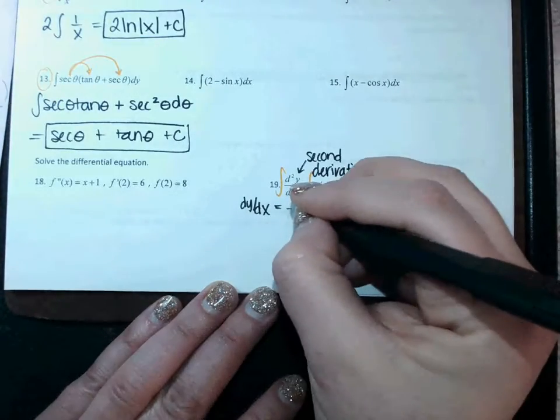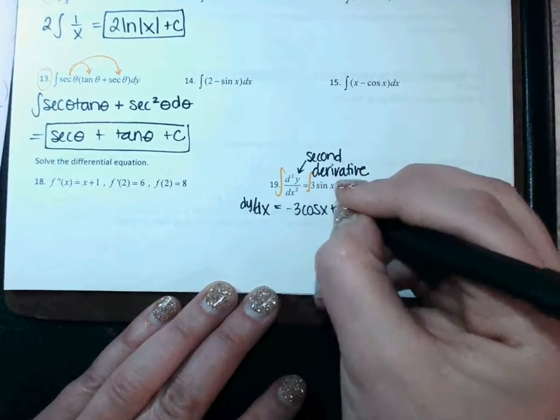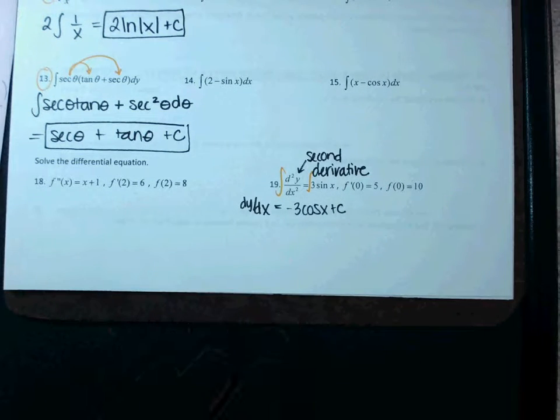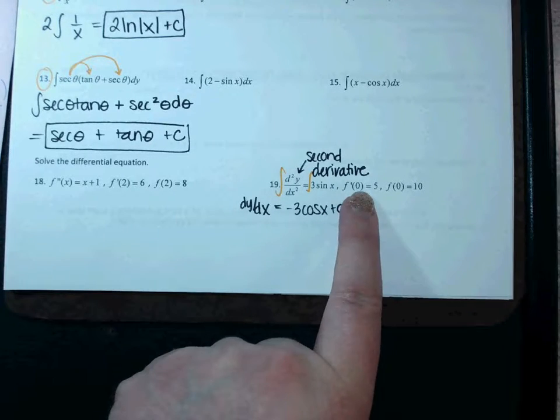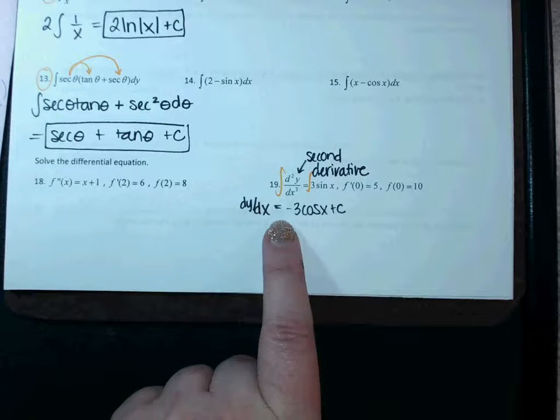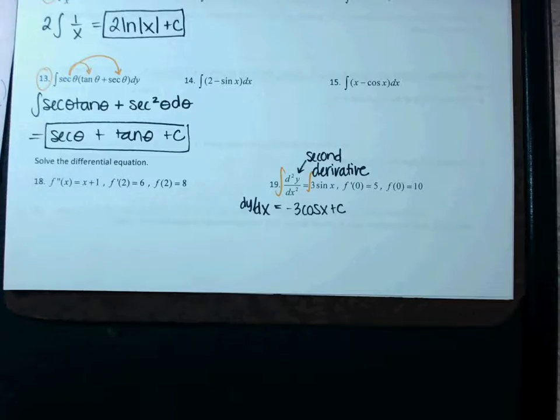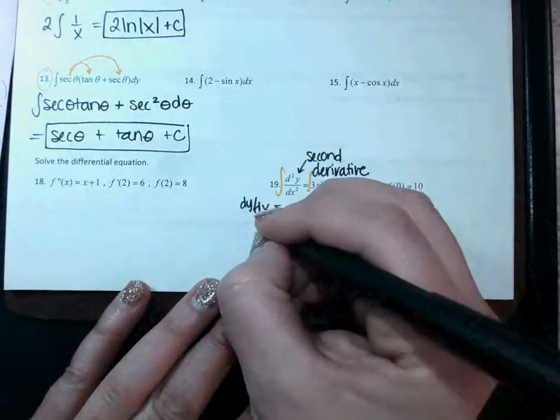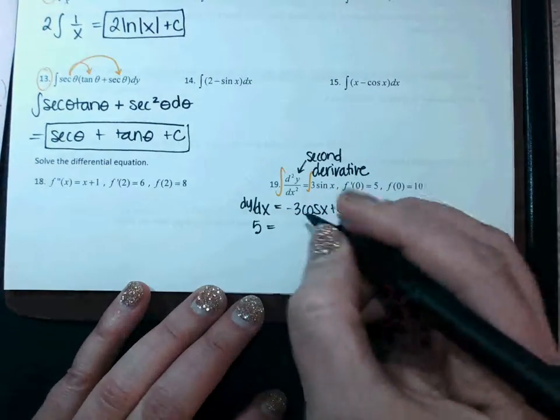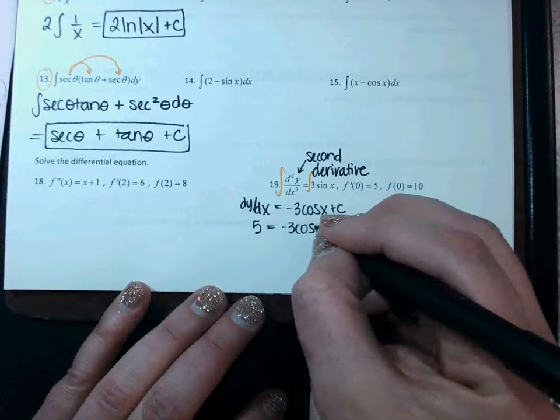So negative 3 cosine x. And then am I going to use the 5 or the 10 for this? The 5, because it's an f prime, and this is a dy dx. So these are both first derivative pieces of information. So 5 is the answer when I plug in negative 3 cosine 0.